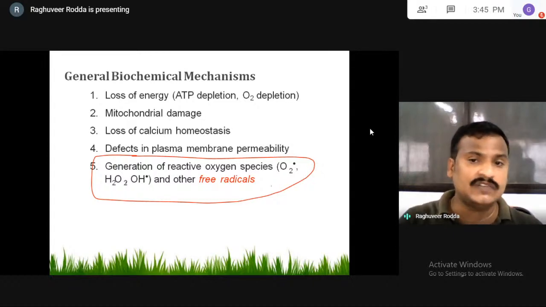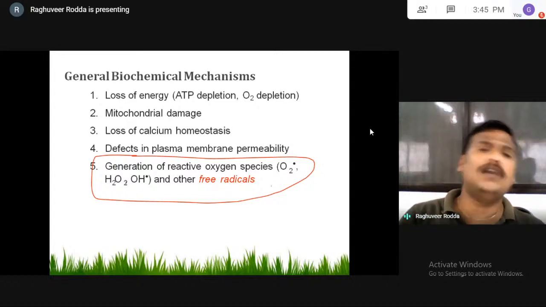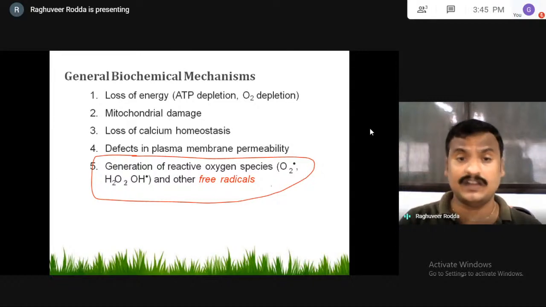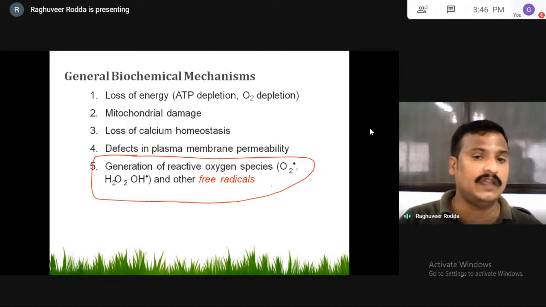Oxidative stress is a major problem for many cellular injuries, sometimes which cannot even be identified at the early stages. By the time of identification, these reactive oxygen species or free radicals may cause severe damage to the organ, which leads to failure of the organ, and which can lead to the death of the person as well.